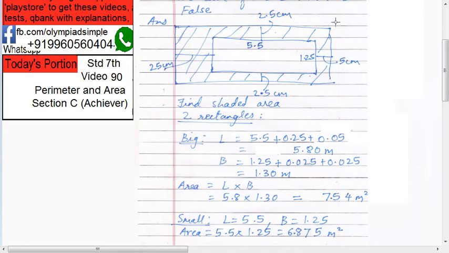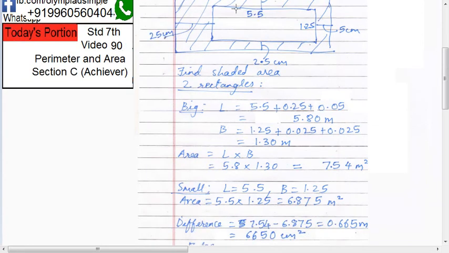Now area, L into B, 5.8 into 1.3, you get 7.54 square meters. This is the full big area. Now you want the smaller one. Smaller is easier. 5.5 into 1.25, that is 6.875 square meters. Now the difference, 7.54 minus 6.875 equals 0.665 square meters.